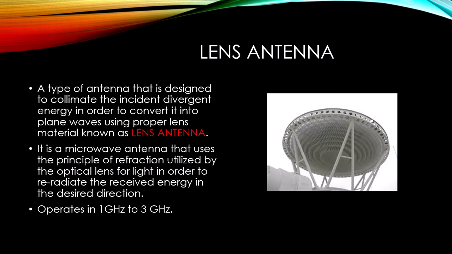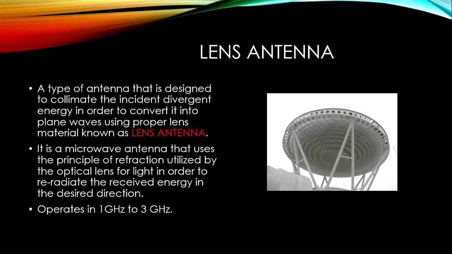It is also similar to a parabolic reflector. A lens antenna is designed to collimate the incident energy, which is diverging in nature, in the desired direction. This prevents the undesired spreading of the energy, thereby improving the efficiency.